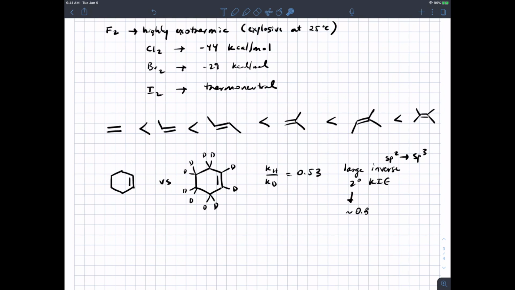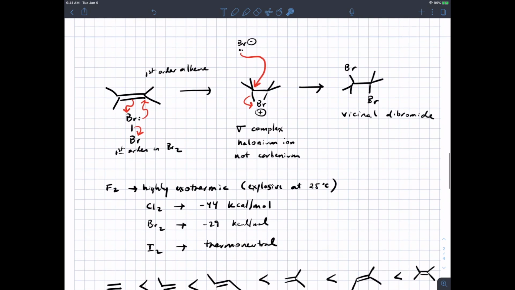Other questions? As expected and as you know, we can intercept the bromonium ion intermediate with other nucleophiles. Your text mentions that, and I won't talk about it further. Another thing your text points out is if you put some group attached to the olefin that could stabilize a positive charge by resonance, then you actually do see a carbenium intermediate with a positive charge on the carbon adjacent to the stabilizing group.